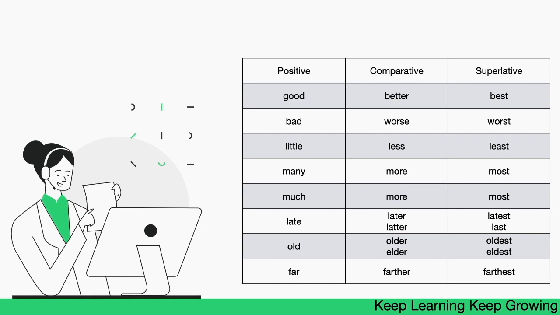Now here we are getting two words: late can be written as later, latter, latest, last; old, older, elder, oldest, eldest; far, farther, farthest.